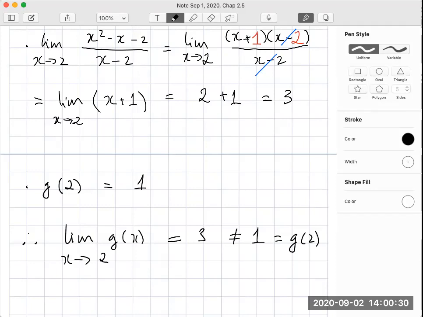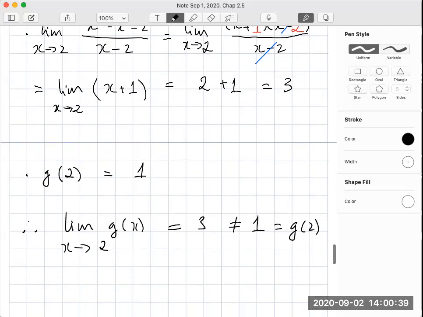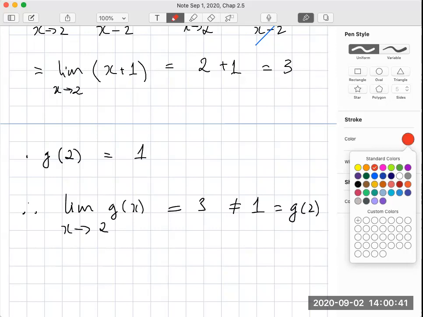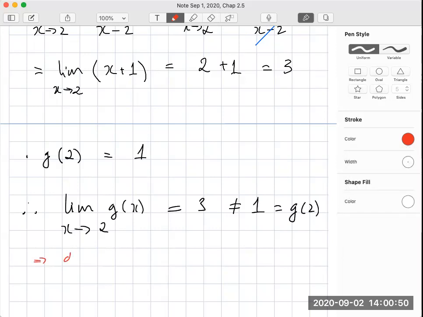So this violates the third condition of continuity, right? Remark. We say that it is not continuous. Because if it is continuous, then g of 2 should be 3. These two values should be the same. So it is discontinuous or not continuous at this point, right? Very good.